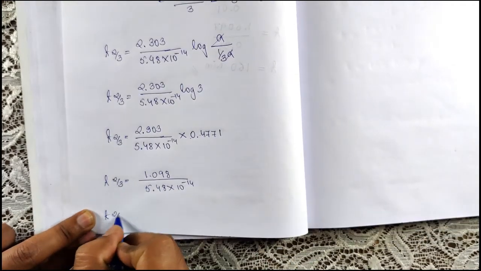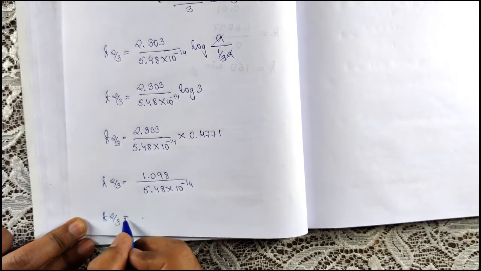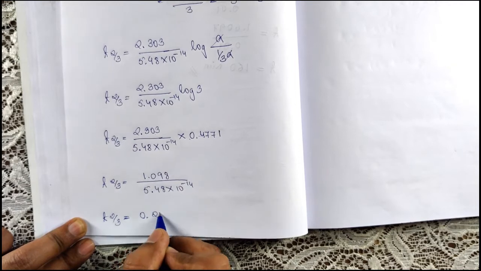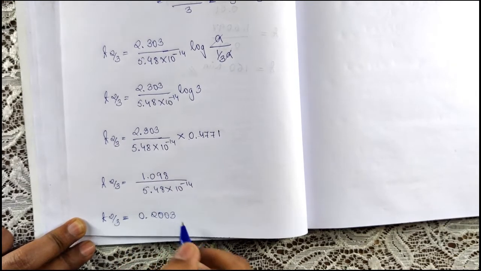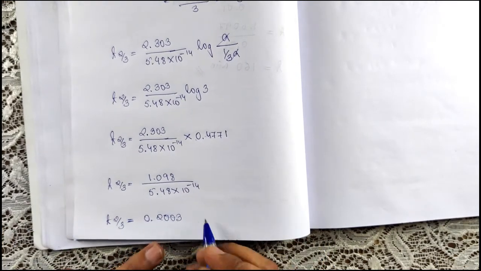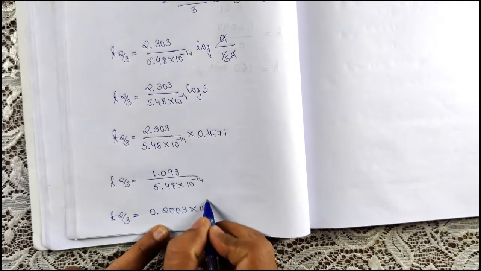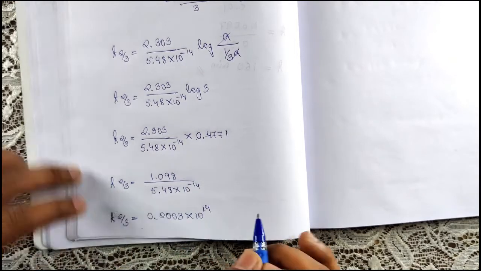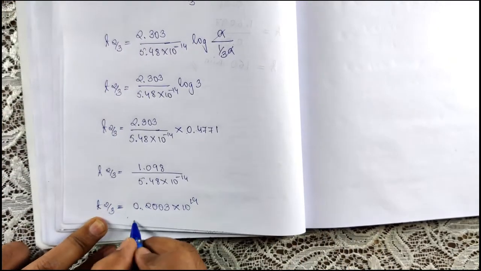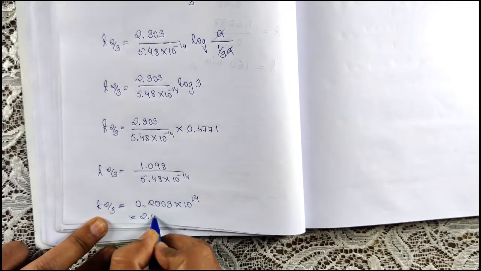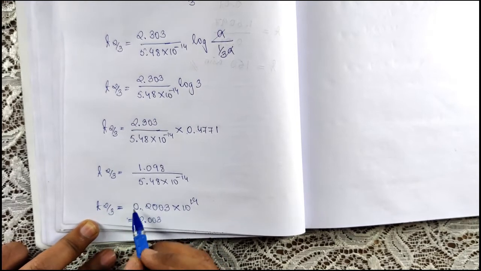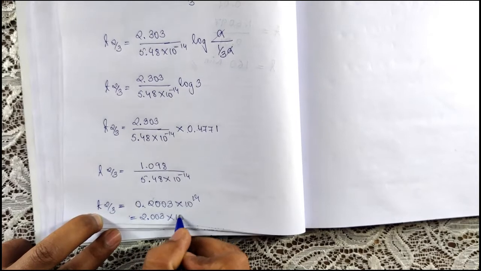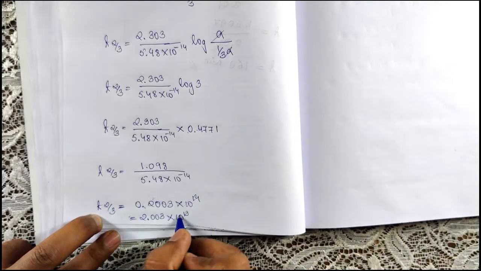So T 2 by 3 will be, if you divide this one, you'll get 0.2003 into 10 to the power 14. Since it is 0 point, I'll just move the decimals. If I move the decimals, I can write 2.003 into 10 to the power 13.